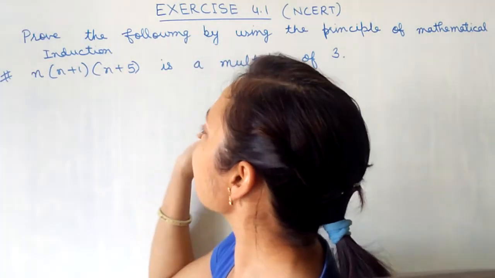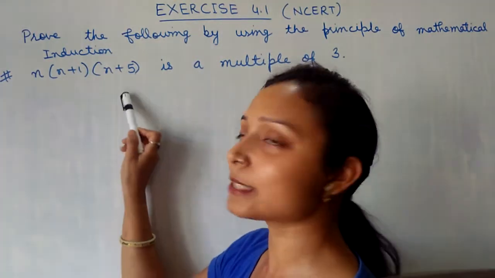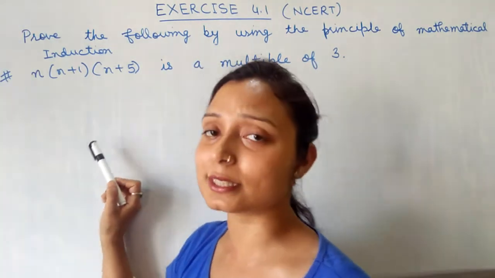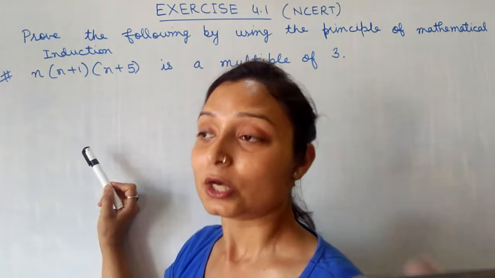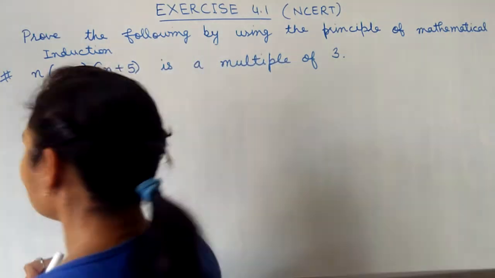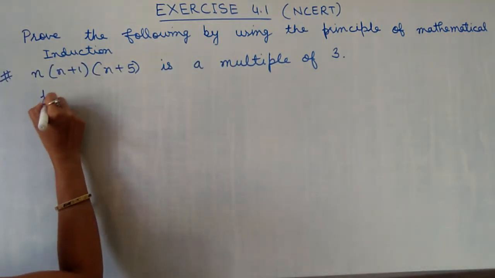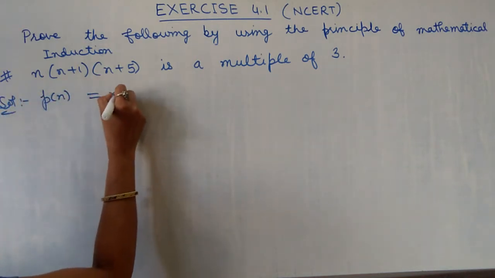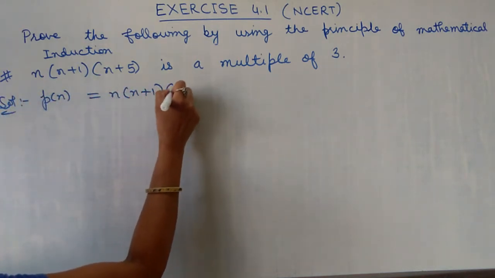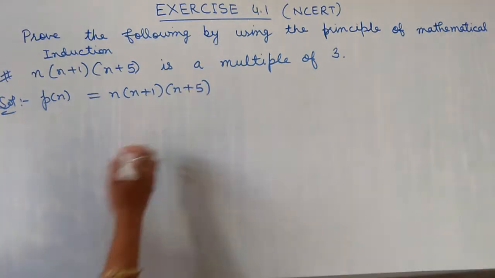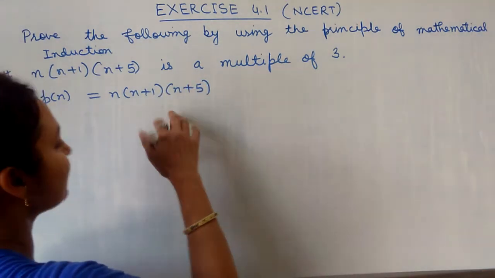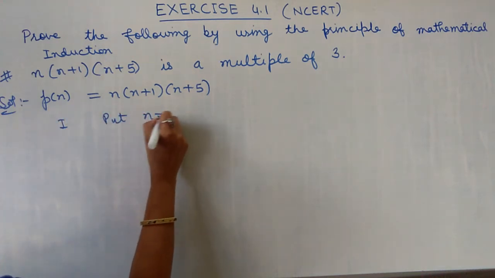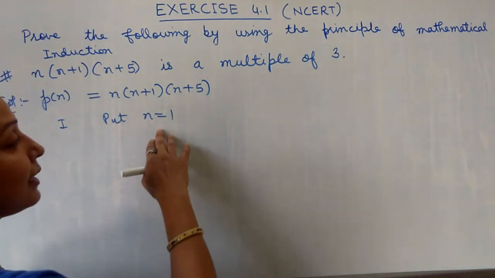For mathematical induction you have to take it as a polynomial in the form of n. Because there is no left or right hand side, you have to suppose it as Pn. For the solution, I will take Pn as n(n plus 1)(n plus 5). Now it becomes easy to put the values of n. First step, put n equals 1.